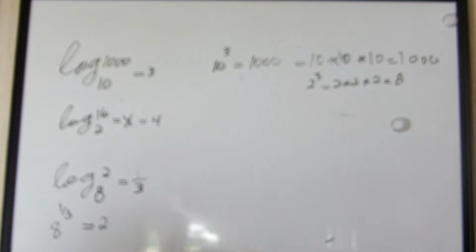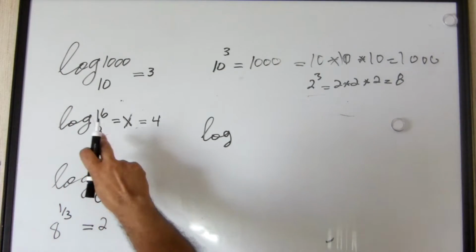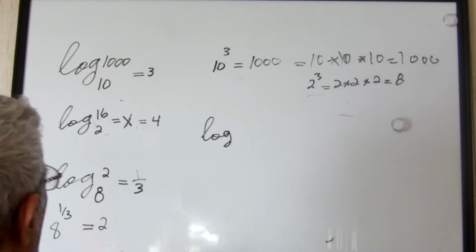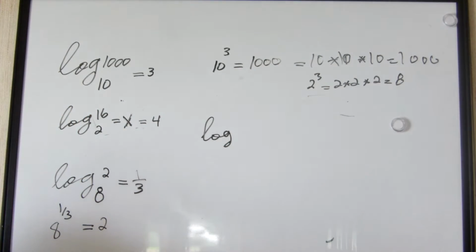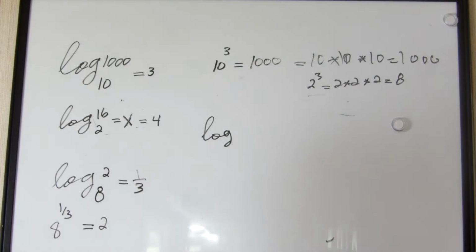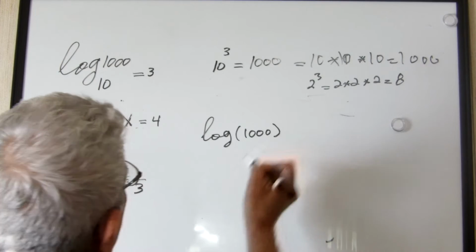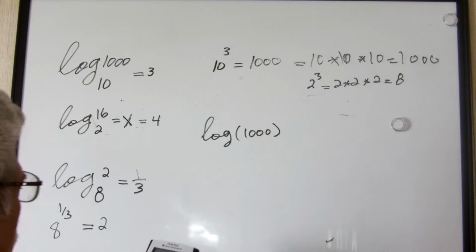Okay, let's talk about a couple of examples. Log: this was the base 10, this is the base 2, this is base 8. It can be anything, but usually we don't write it when the base is 10. You use the calculator to find the result of this one.